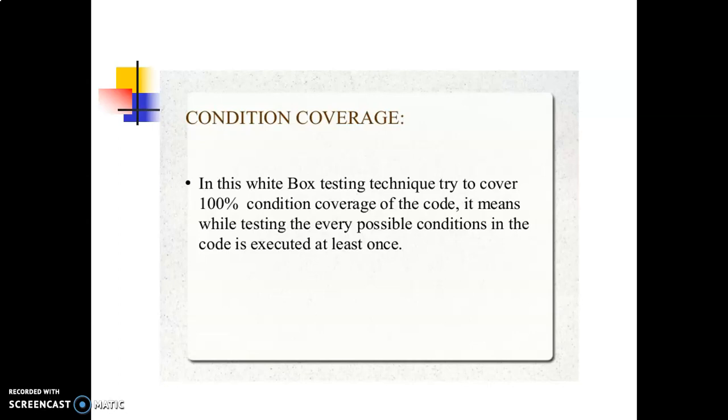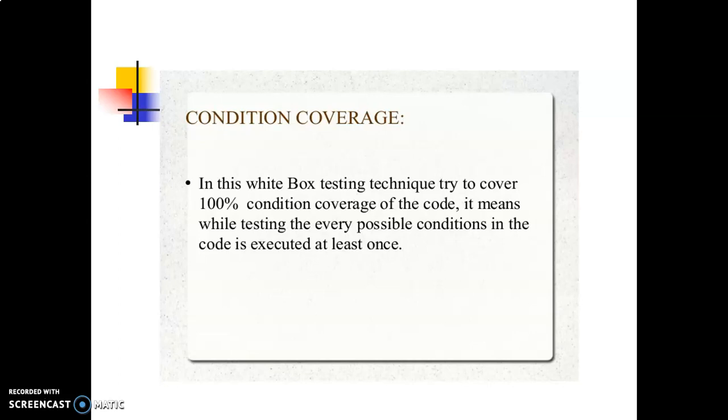Obviously this means more test cases, and the number of test cases will rise exponentially with the number of conditions and Boolean expressions. For example, in an if then else with two conditions, there are 2 raised to the power 2, or 4, possible true false combinations. Condition coverage indicates the percentage of conditions covered by a set of test cases.